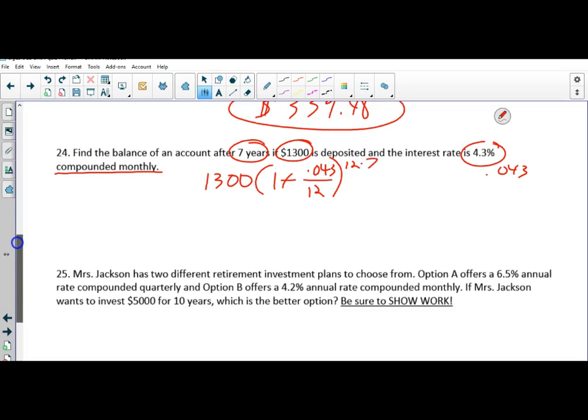So, 0.043 divided by 12 plus 1 raised to the power of 84, which is 12 times 7, times $1,300, which gives us a future value of $1,755.63. It's 0.627, so we're going to round up.